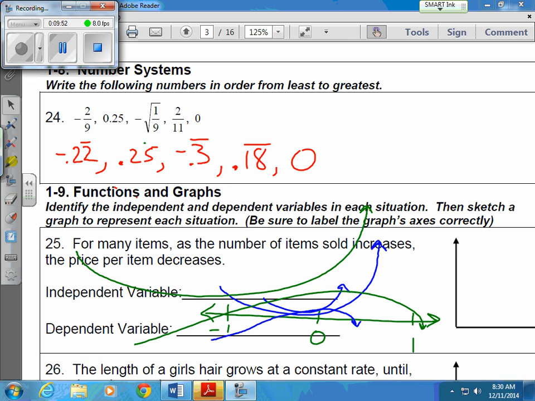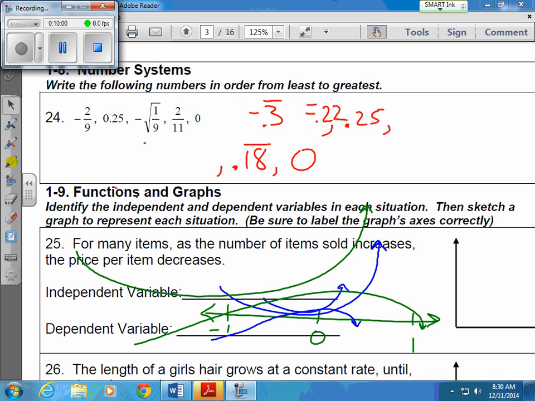So this one is going to be the smallest. Okay, this is going to be the next smallest. And then, well, that's going to have to go away.